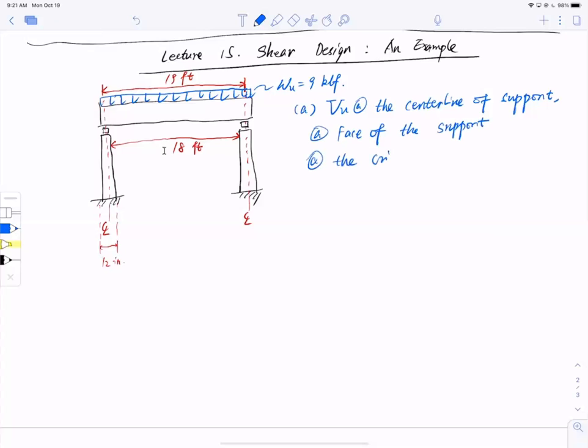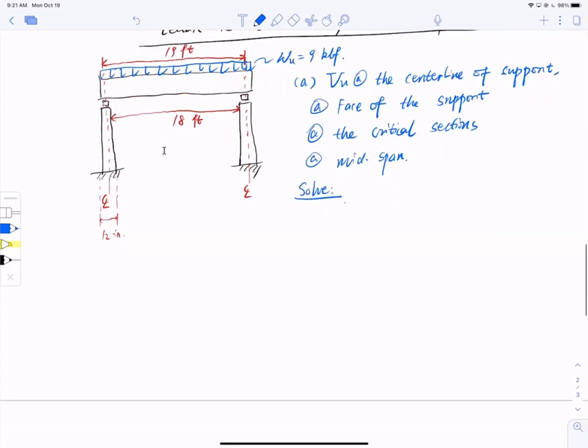What are the critical sections? Think about it, where are they going to be? And at mid span. So what are we asking? Vu at different locations, so that means I need my shear diagram. So this is asking us to draw the shear diagram.